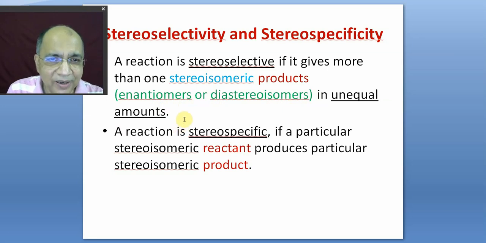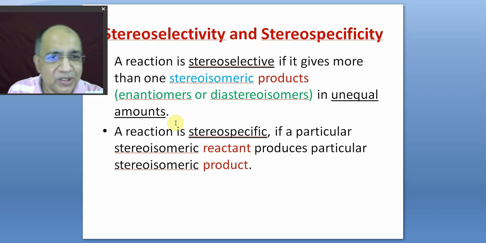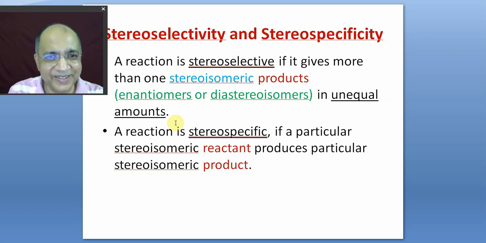So regioselectivity has to do with structural isomers, but stereoselectivity has to do with stereoisomers, like L-lactic acid, D-lactic acid, plus lactic acid, minus lactic acid, or say R-lactic acid, S-lactic acid. Lactic acid is one, the structure is the same, but its stereo designation is different.